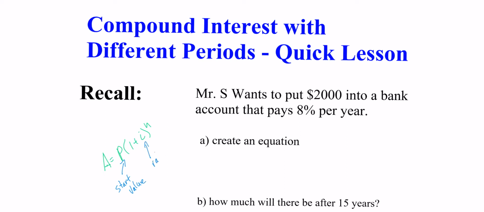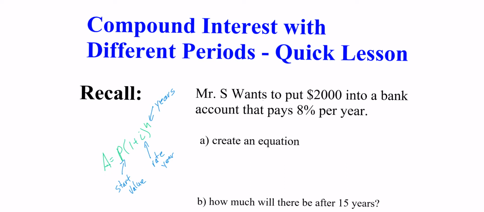We have i, which represents the rate as a percentage per year, and n represents the years. You'll notice that right now we have a rate per year, and we also have the number of years.